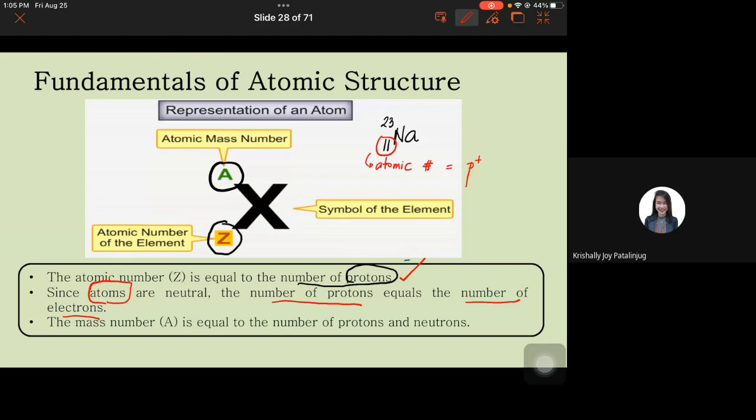Since the given atom of sodium here is neutral, you are not seeing here any charge like negative or positive charge, then we could tell that proton number is equivalent to the number of electrons. So since it has a proton number of 11, then the electron number here is also 11.